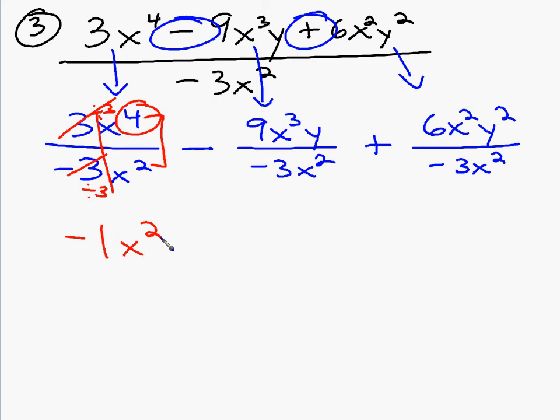Now, on the next fraction, I want you to see something about our signs. If you look carefully, there are two negatives. See those? So since that's two negatives, this next term is going to become a plus. It's going to change signs to a plus. And then I just simplify the fraction the same way we've been doing the others. I have a 9 and a 3. Can I divide both those by 3?